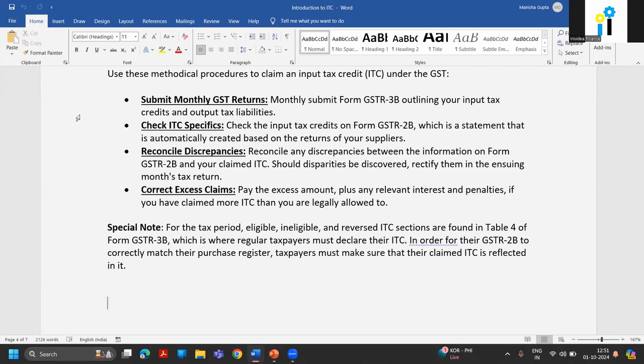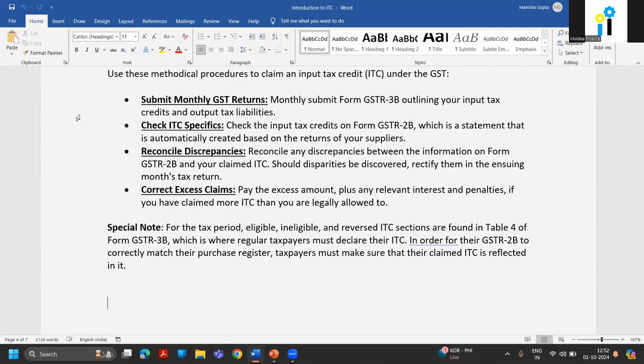So in GSTR 2B, you can see the statement that all your vendors have submitted and paid the GST for your purchase. If something is missing from that, you have an invoice but it is not displaying in GSTR 2B, then you can talk to your vendor and tell them to file that invoice in the next GST filing.